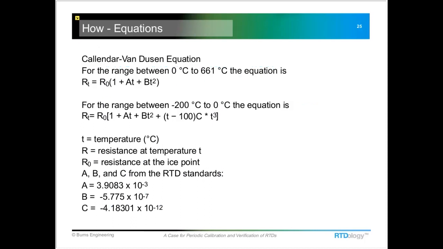So the Callender-Van Dusen equation, I throw this up here just to show you that it's fairly simple. You can sit down with a little desktop calculator and punch the numbers into this and do it. With the ITS 90, it gets into some fifth order polynomials, and they all have to be solved at the same time, and uses different algorithms to be able to do that.